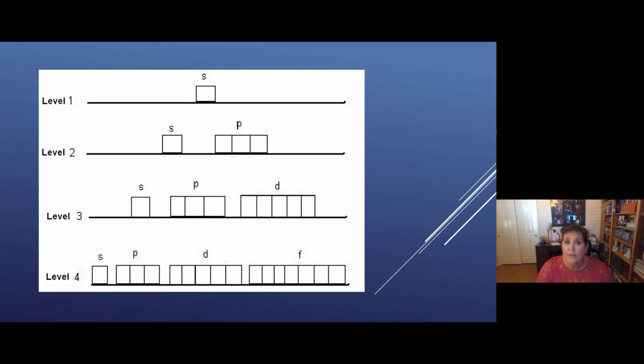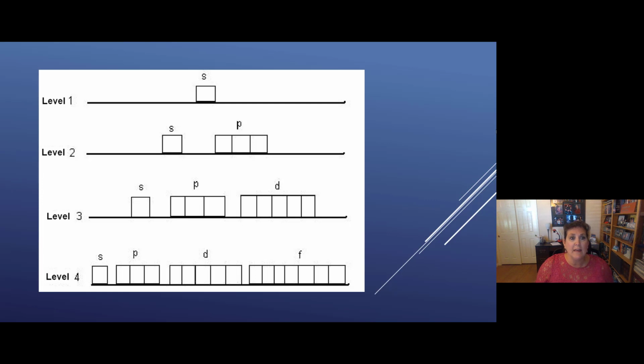Orbitals are the boxes. So there's 1 in the S plus 3 in the P makes 4 total. There are 4 orbitals in level 2. How many electrons can fit in level 1? Well, there's only 1 box, 2 electrons in the box, so 2 electrons can fit in level 1.